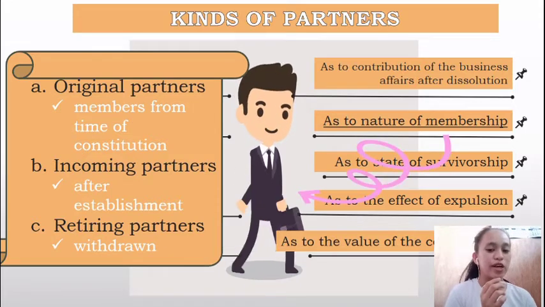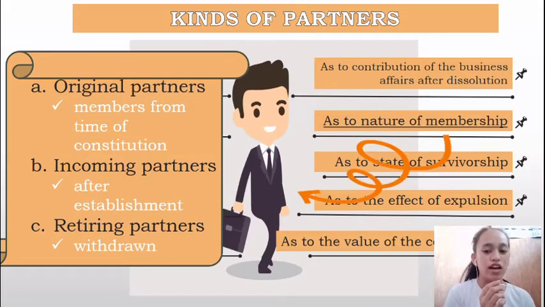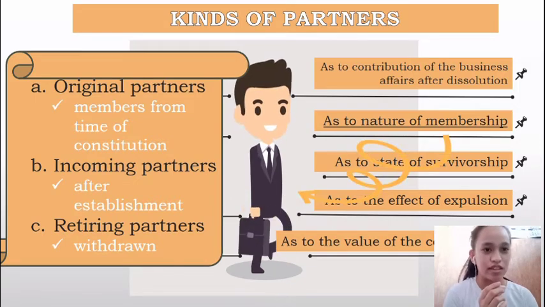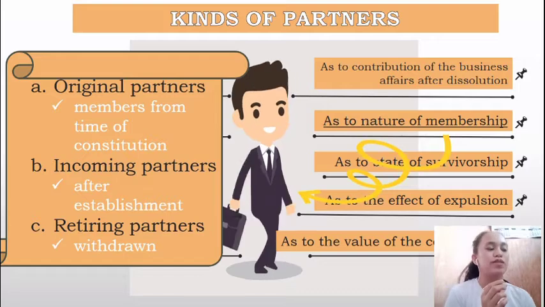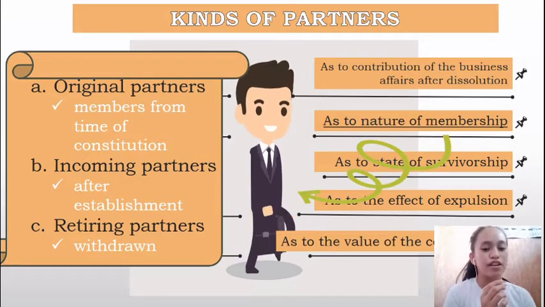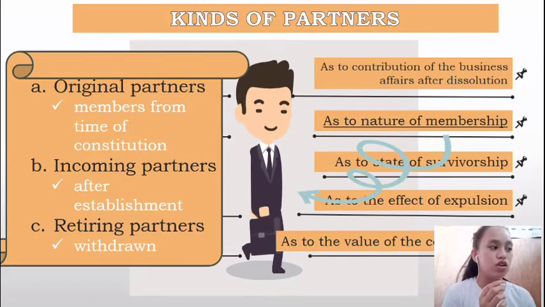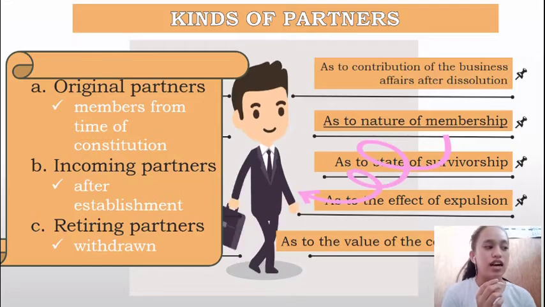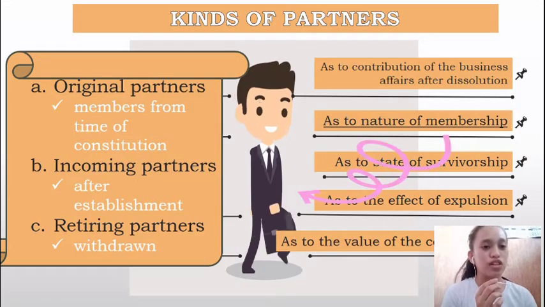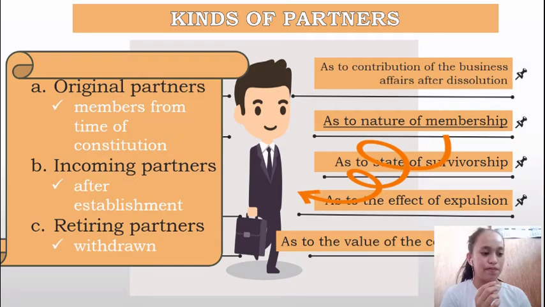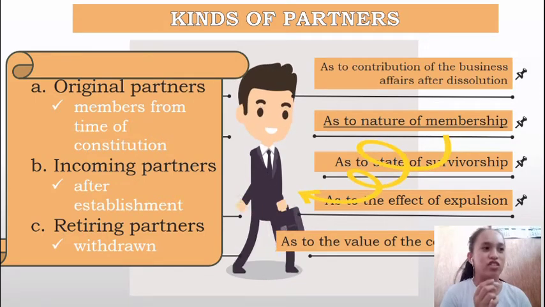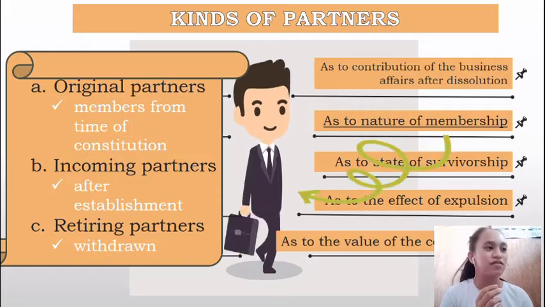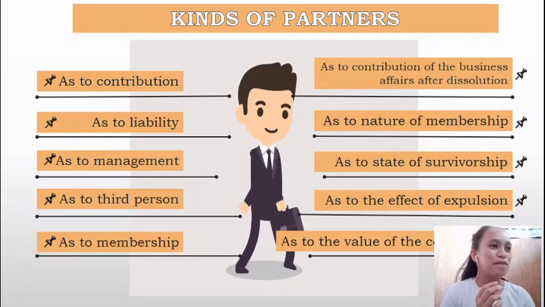While the incoming partners are those who became partners or members after the establishment. And last, the retiring partners are those who withdraw from the partnership, or from the word itself, retired partners.